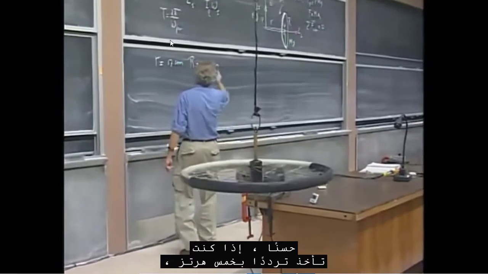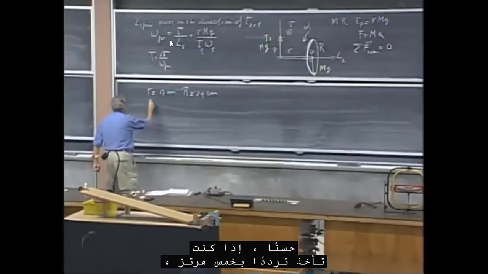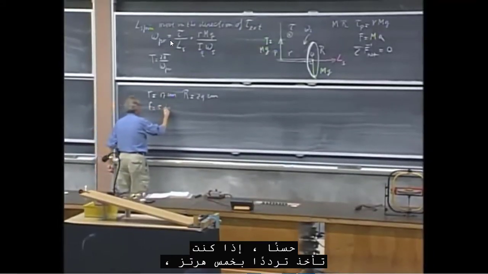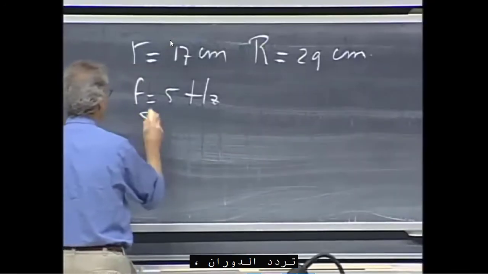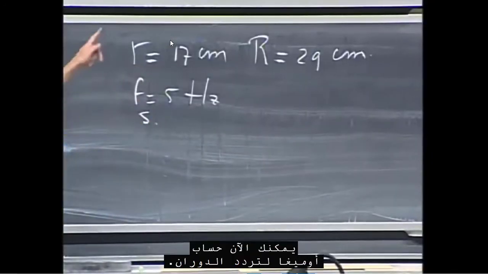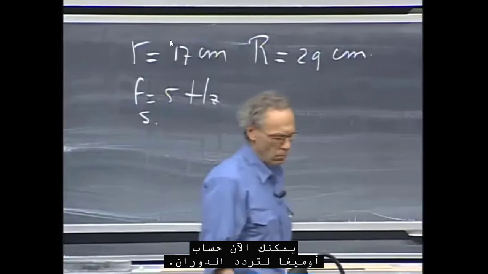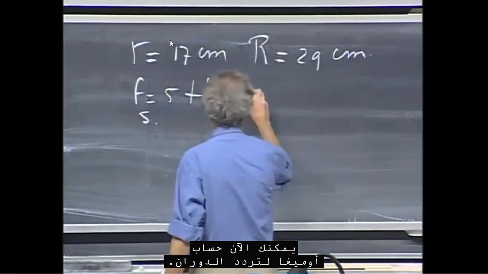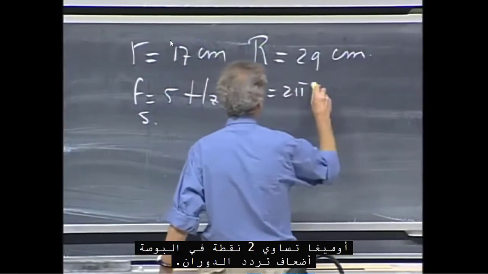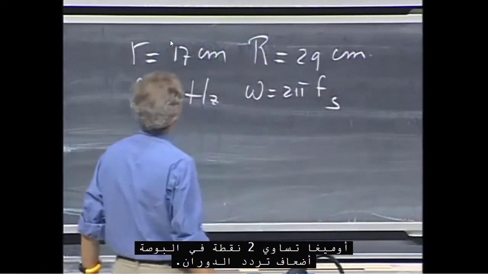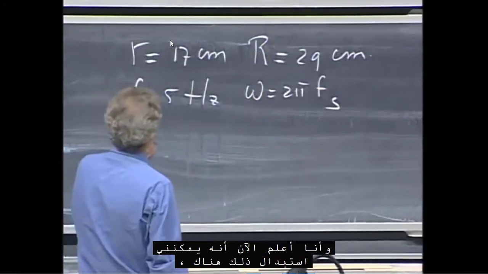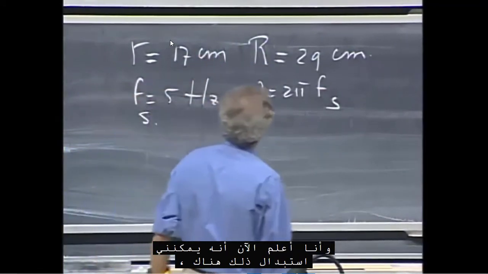Well, if now you take a frequency of 5 hertz, spin frequency, you can calculate now omega of the spin frequency. Omega equals 2 pi times the spin frequency. And so I know now, I can substitute that in there.